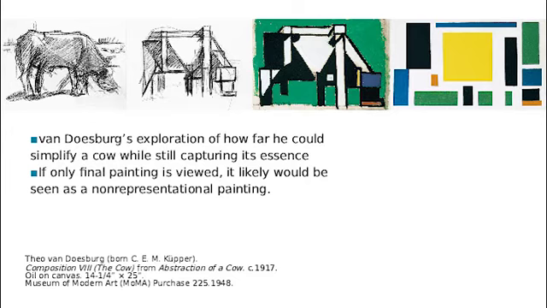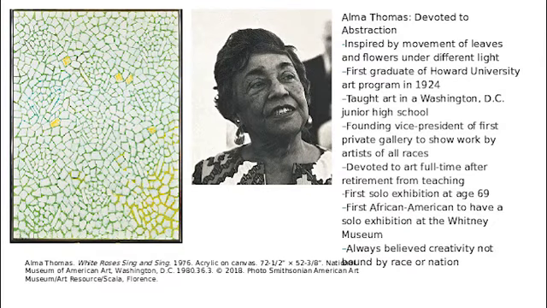Also, an artist that I would like to feature is Alma Thomas. She was an abstract painter. You can see one of her paintings here, White Roses Sing and Sing, and also a photograph of her. But I just wanted to feature her. She's quite remarkable. She was inspired by the movement of leaves and flowers under different light, which you can see through this White Roses Sing and Sing painting quite well.